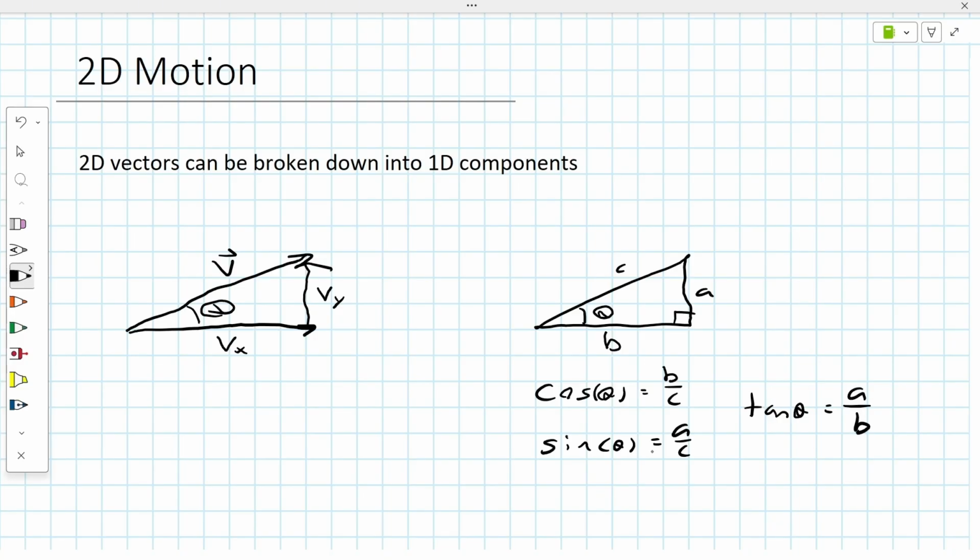So using this idea, we can solve for these vectors as if these were sides of a triangle.